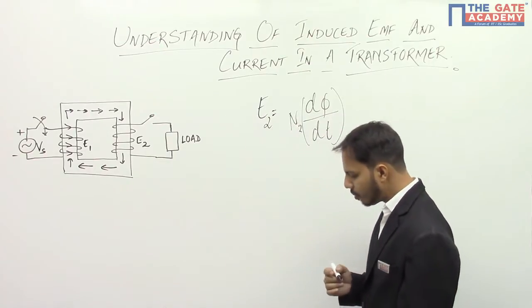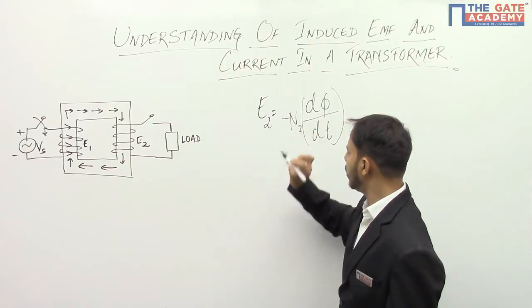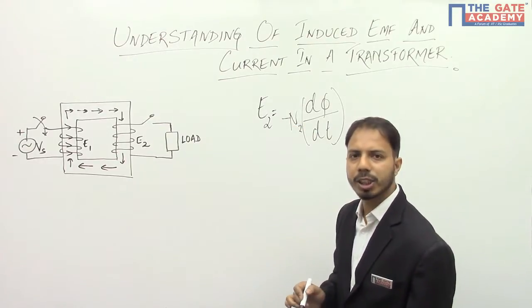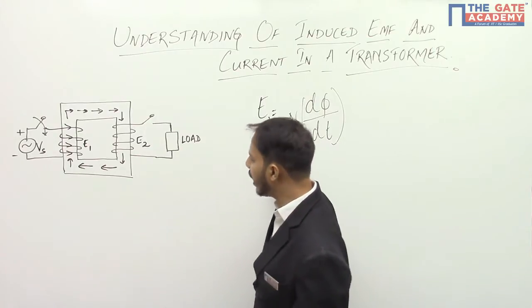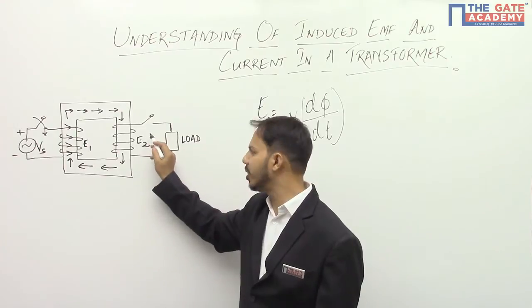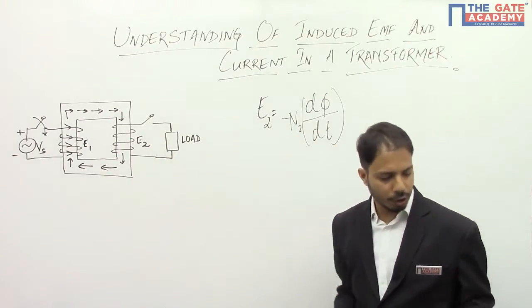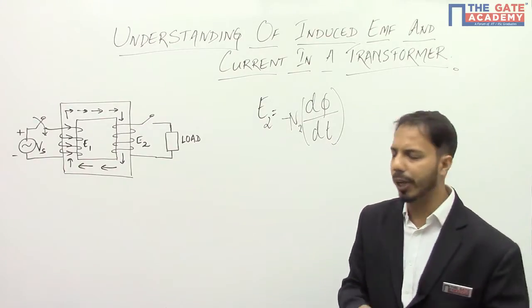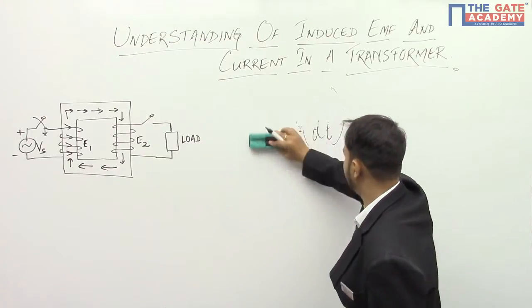You see, Lenz's law gives the idea of the direction of the induced EMF, so we put a negative sign here. But even if we put a negative sign, it doesn't clearly tell us that at a particular instant this will be plus or minus. So this is not really helpful for us. So we will be using Lenz's law in a different way. Definitely I will be using Lenz's law, but not in this way.